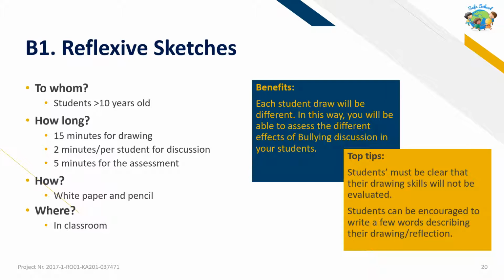To implement this activity, you will need white paper and pencil. And regarding time, you will need 5 minutes to present the activity to the class, 15 minutes for drawing, 2 minutes per student to present their sketches, and 5 minutes for the assessments.